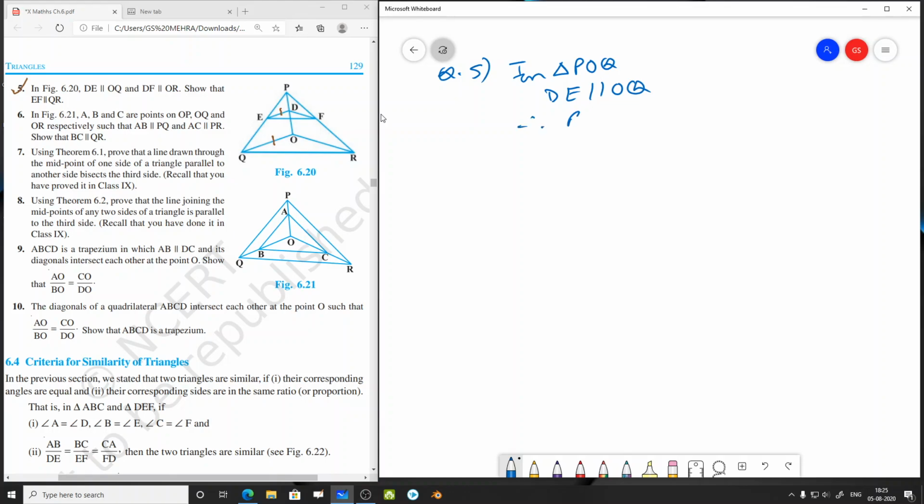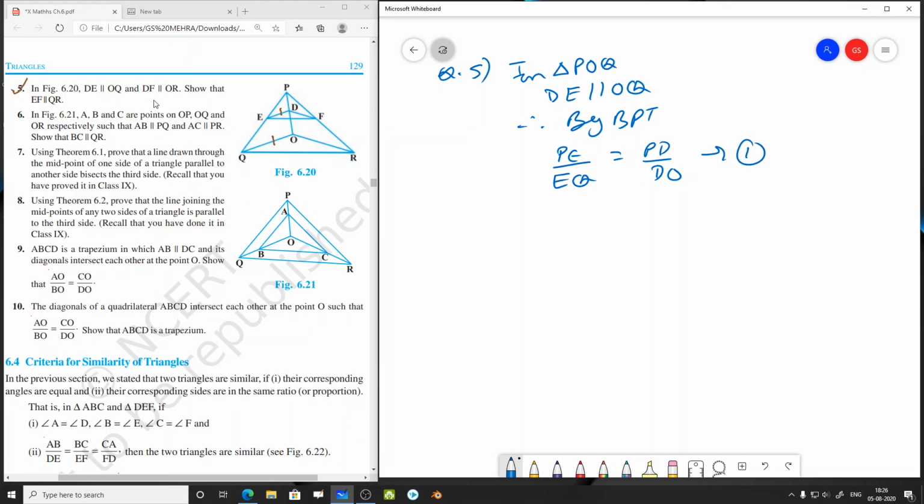Therefore, by BPT, PE over EQ is equal to the corresponding part of P, which is PD, over the corresponding part of EQ, which is DO. So this is our equation number 1.